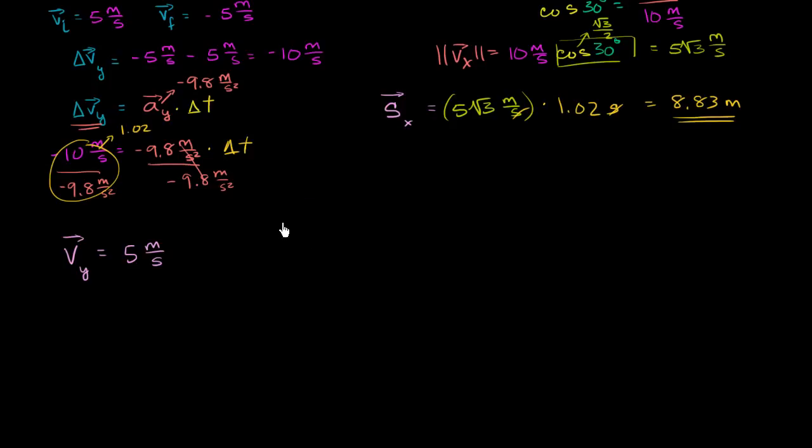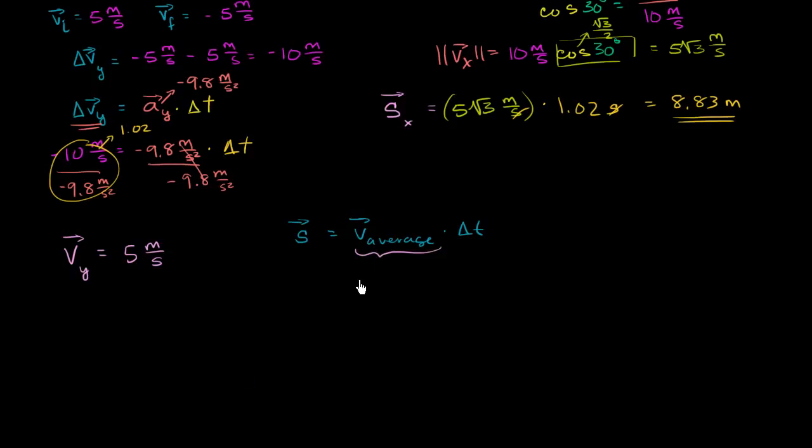We can remind ourselves that the displacement, and this will apply in any one dimension, is equal to the average velocity times our change in time, the amount of time that elapsed. And what is our average velocity?